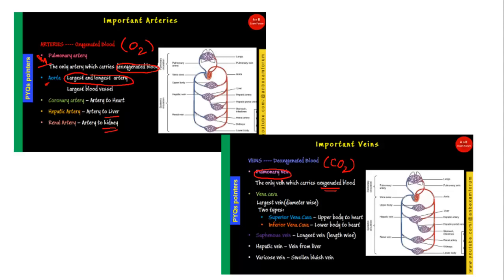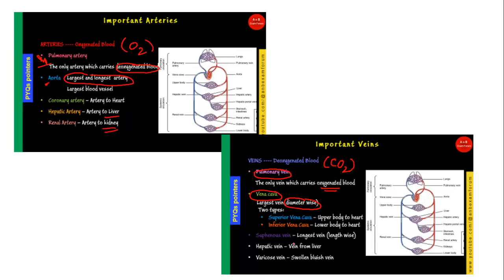What about important veins? The second one is the vena cava. Vena cava is the largest vein. It is not the longest. The longest one is the saphenous vein. The largest one, largest in terms of diameter, is the vena cava. There are two types of vena cava: superior vena cava and the inferior vena cava.